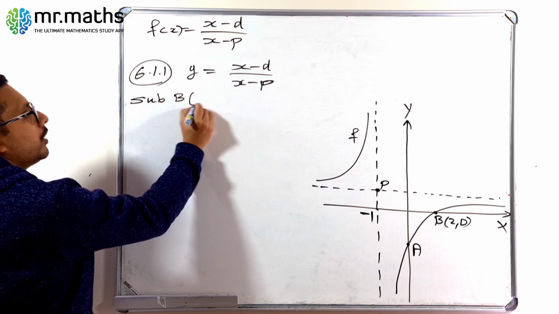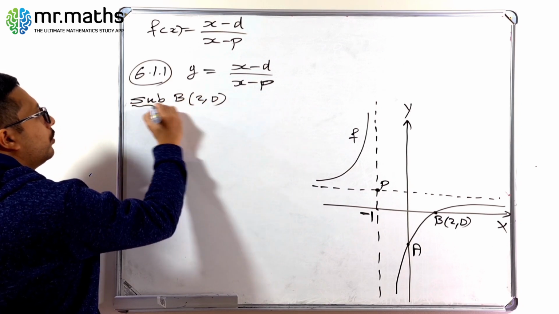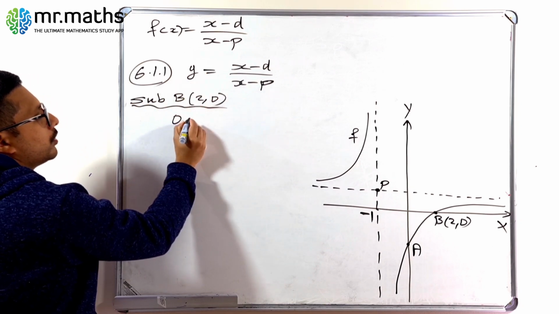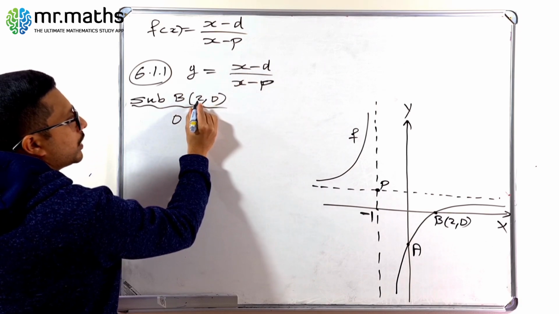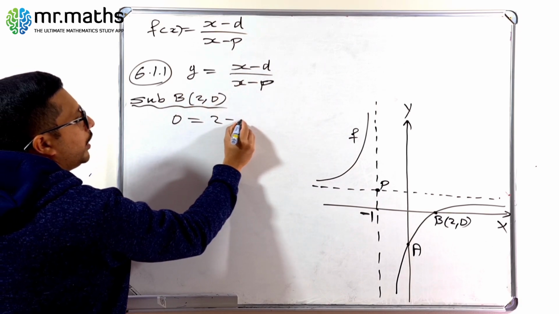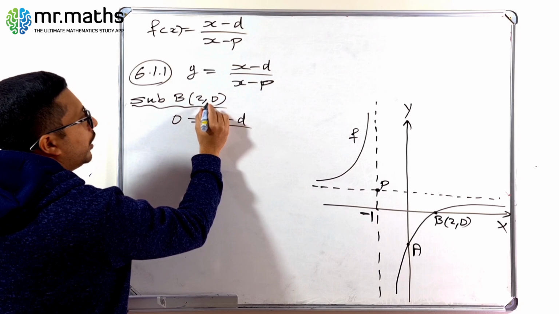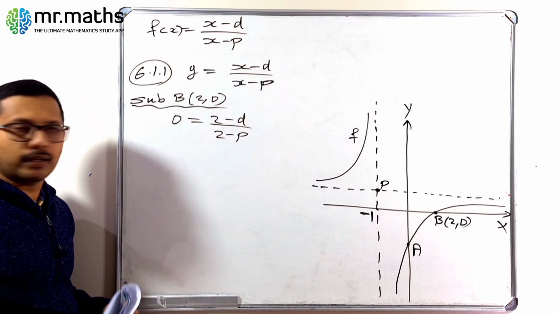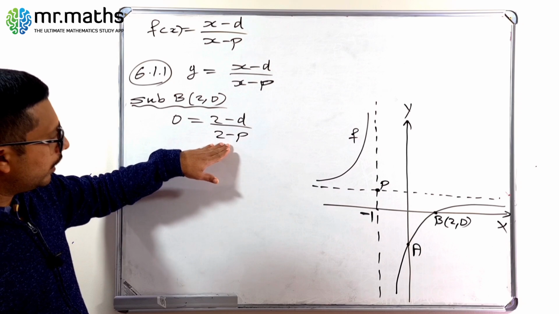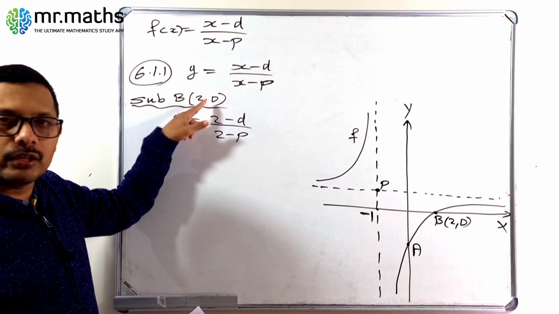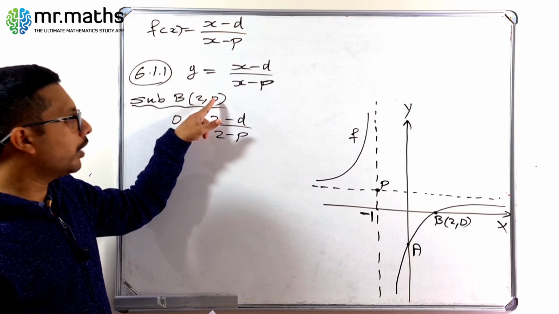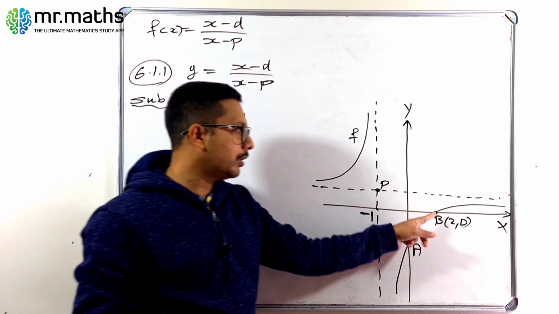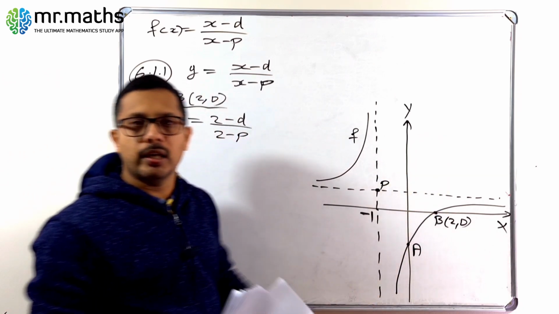Substitute b (2, 0). So what is that? 0 is equal to (2 minus d) divided by (2 minus p). Here I substituted the values of x as 2 and y as 0. That point is a point on that f of x graph.